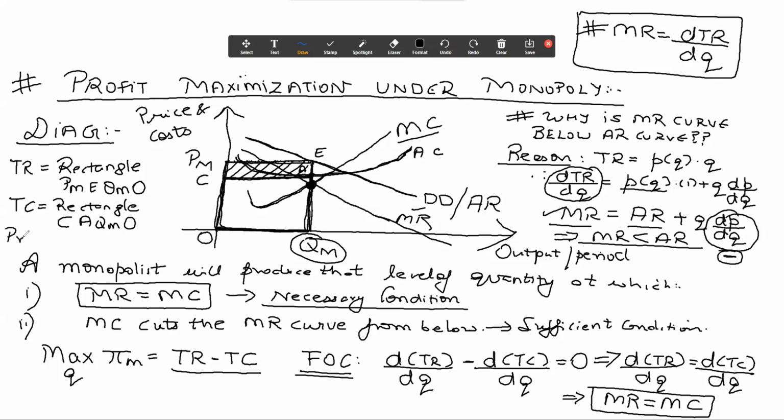So I can say the profit of the monopolist pi m will be the rectangle PMEAC. So you can see that in this case, the monopolist is making supernormal profits.